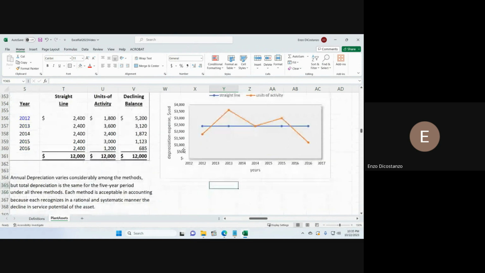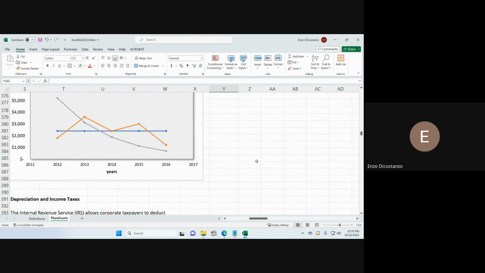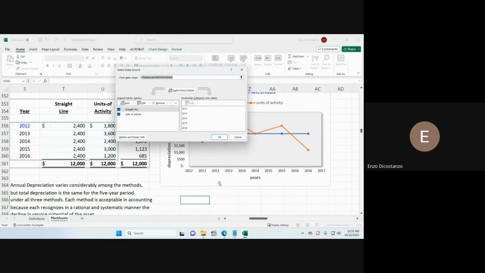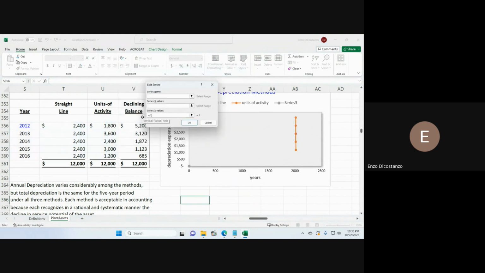I have an example here. This is an example from whenever that was. Old. Gold. Again, that's sort of a grayish, not so much of a black. And there's a third one, declining balance. Select the data, add.